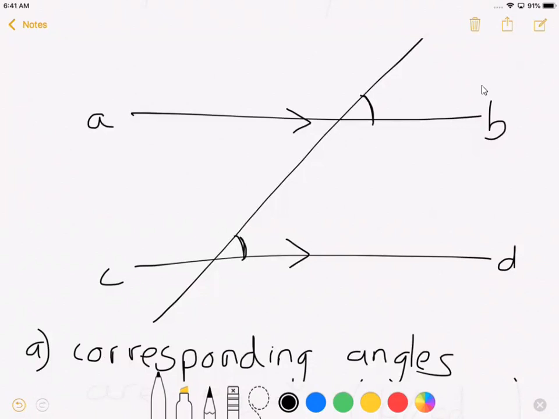I go to the first intersection. There are four angles here: 1, 2, 3, 4. These two are on top, but this one is on top right. If I go down again, here there is 1, 2, 3, 4, and this one is also on top right. So the black one corresponds to that one.